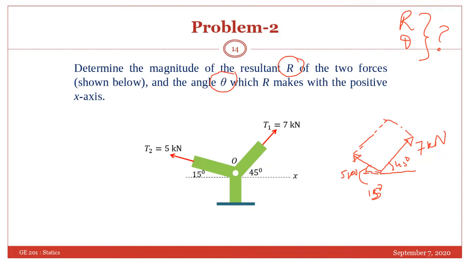And then the diagonal will represent the resultant. So this will be your vector R. Now this triangle we want to use for finding the R.